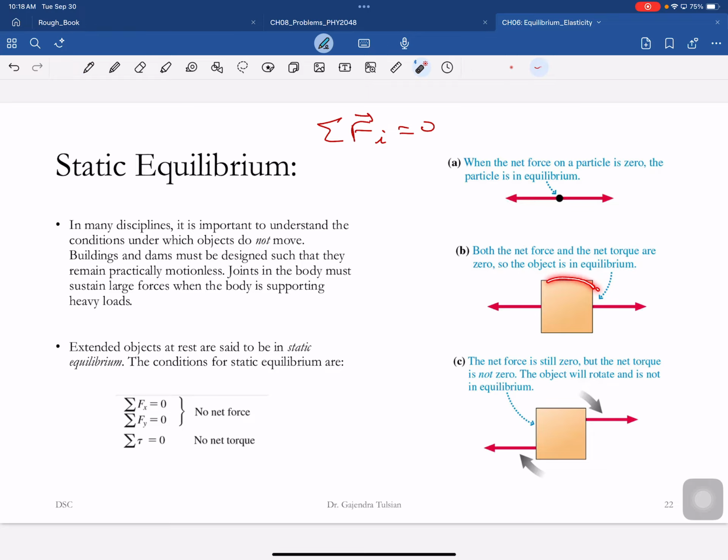But when you have an extended object like this, not only do these forces need to equal and cancel each other, but if they're like this, what would happen if you apply forces like this to this object? They're equal, the forces are canceling, but will this object be at rest?